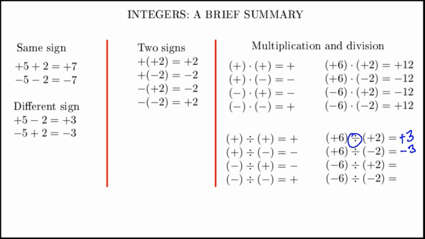So it's very easy, it's always plus when the signs are equal, and minus when they are different. So those are rules you have to learn for multiplication and division.